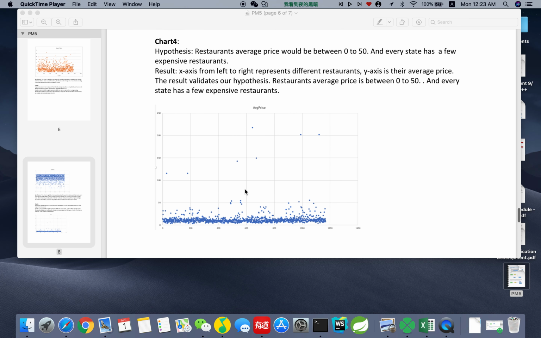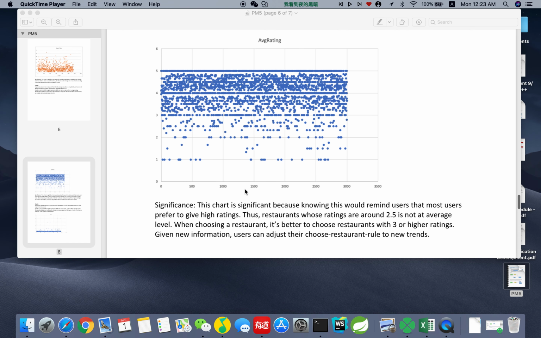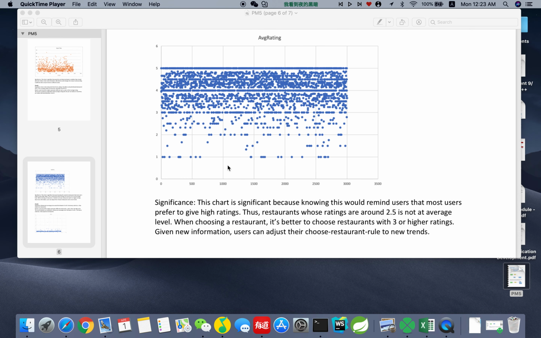These two charts are both very important. For this one, it's very important because knowing this reminds users that most users prefer to give high ratings rather than ratings spread from 0 to 5.